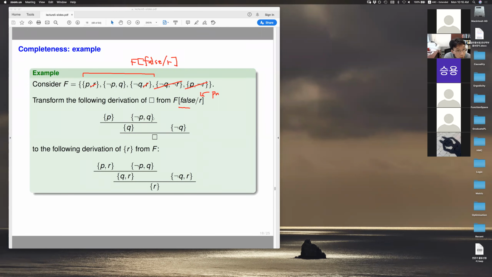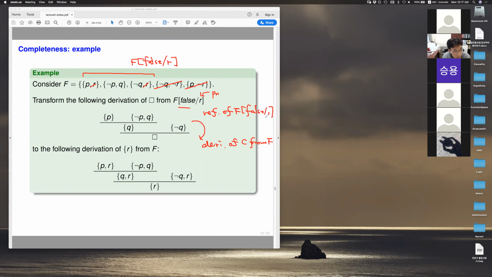Okay, so the key step of the proof was to convert this refutation of F false given R to a derivation of some clause C from F. And the key step of the way we do it is we insert R in appropriate places.